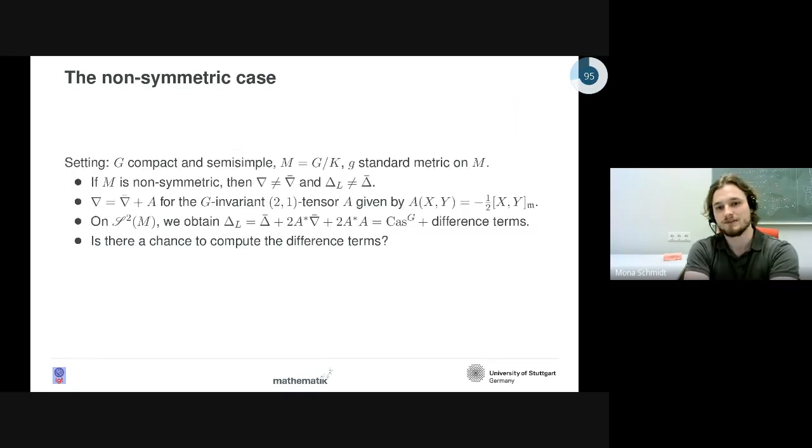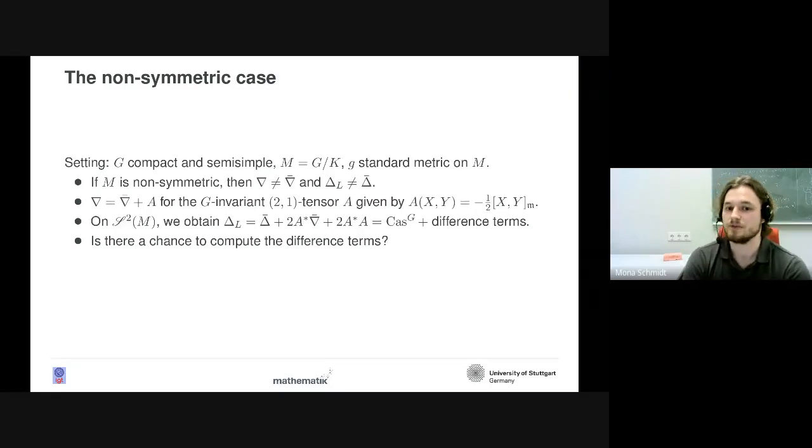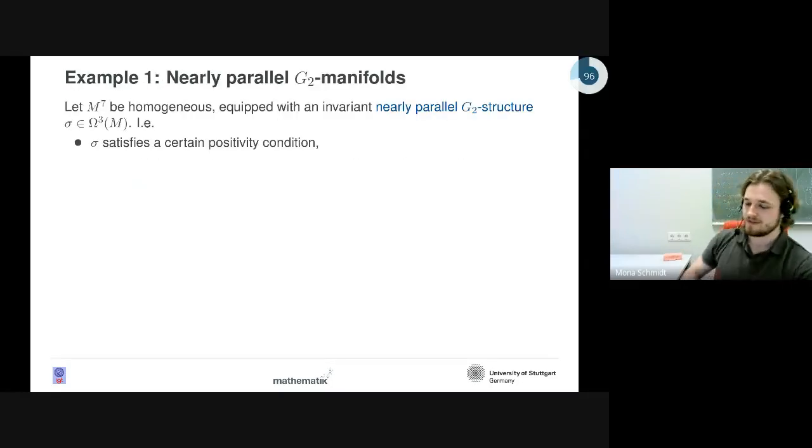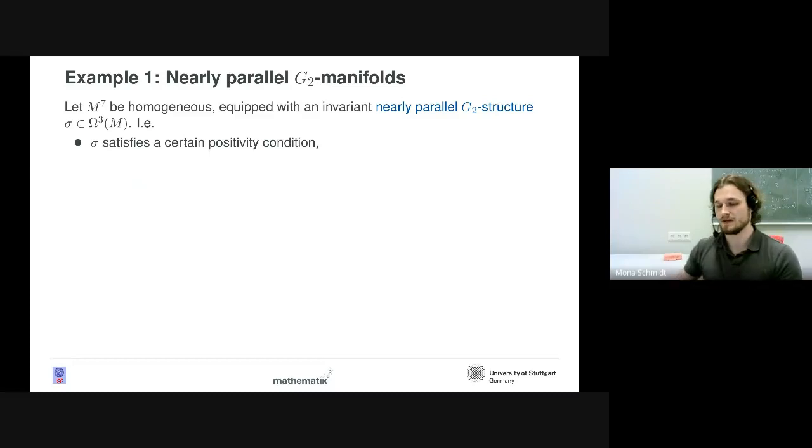For these, let me get to some examples where we have computed these. Example number one is when we are in the nearly parallel G2 case. So we have some 7-dimensional manifold, which is homogeneous, and it carries an invariant nearly parallel G2 structure, which manifests as some 3-form sigma.